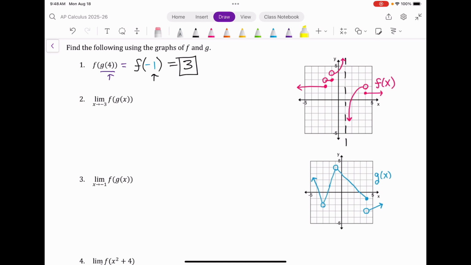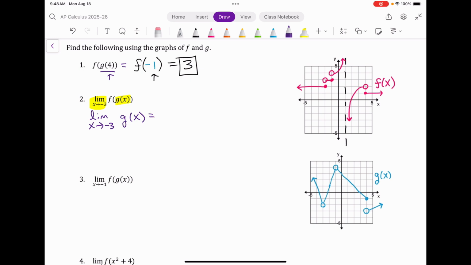So one thing to note is when you're taking the limit, for instance, as x approaches -3, we want to first find the limit as x approaches -3 for g of x. So let's do that. So I'm just going to work this separately. So the limit as x approaches -3 of g of x.